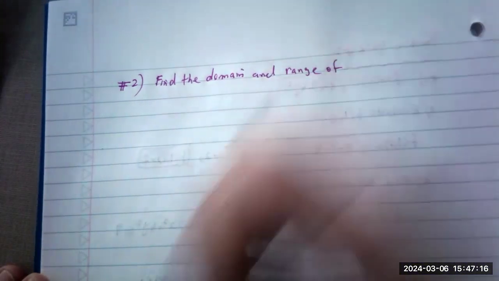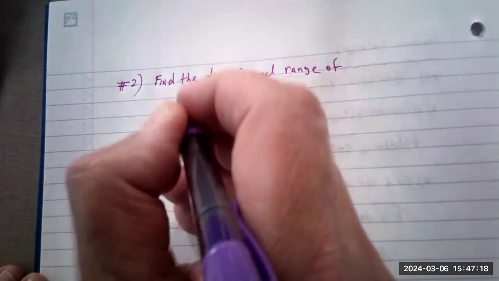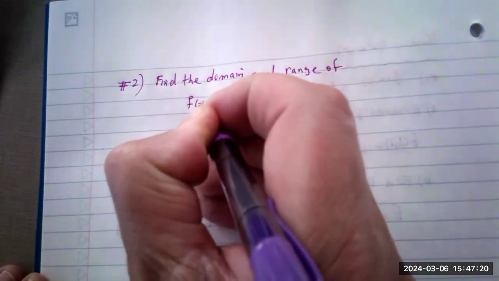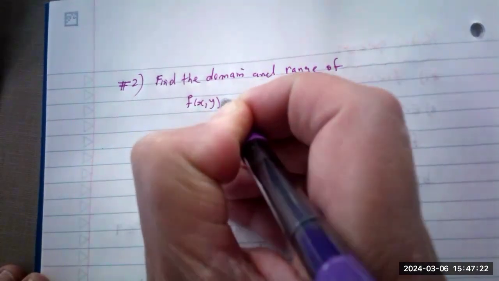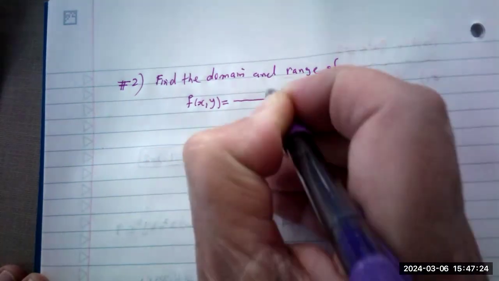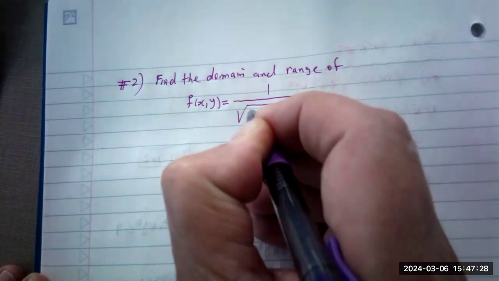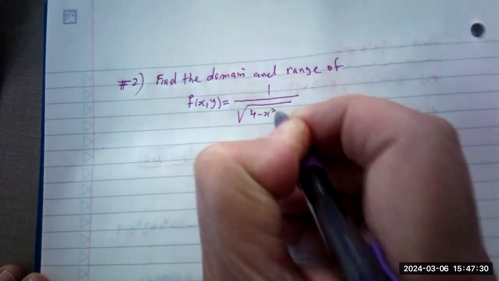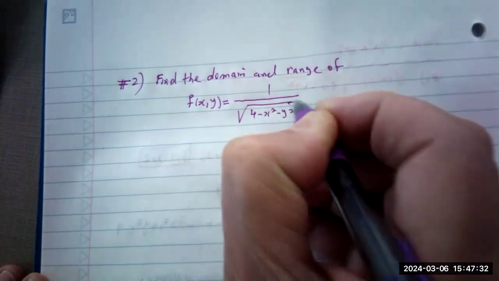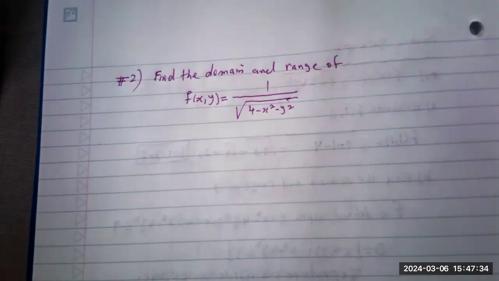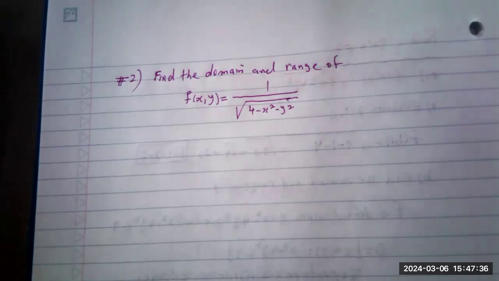You have a function of 2 variables, f of x comma y, equal to 1 over the square root of 4 minus x squared minus y squared. Not difficult, but we want to know how you write it down.